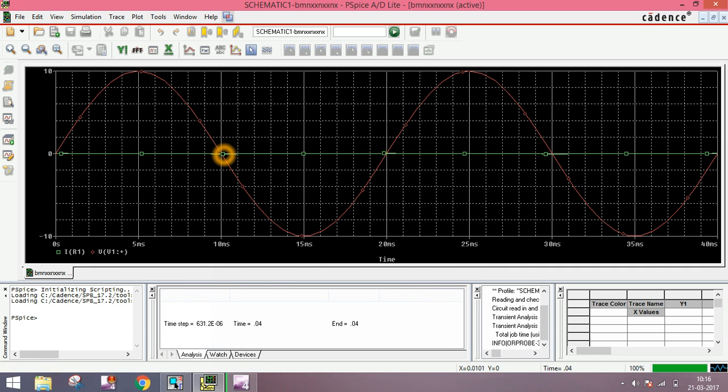So individually see where each crosses, and then find the difference. It crosses at 5 and this crosses at 10, so the difference is 5 millisecond. Then theta is equal to omega t, the same formula, 2 pi f into t. Put in this 5 millisecond, and you can get theta from here also.